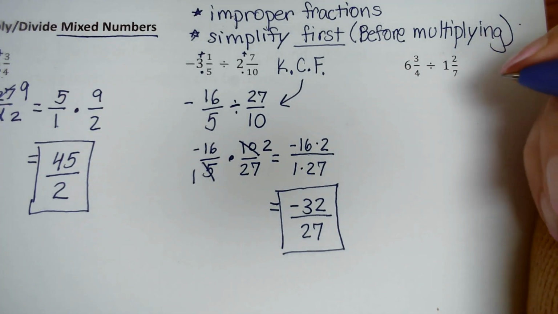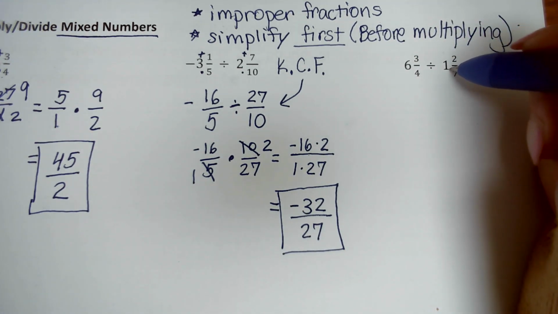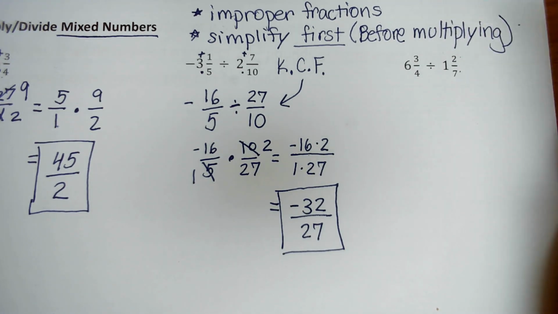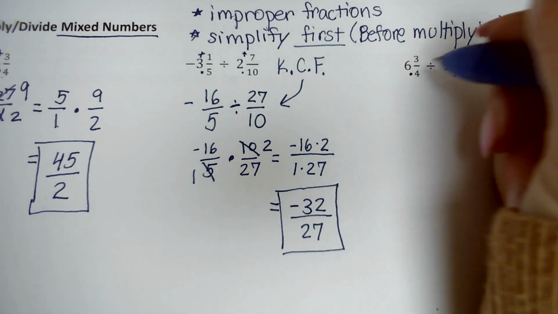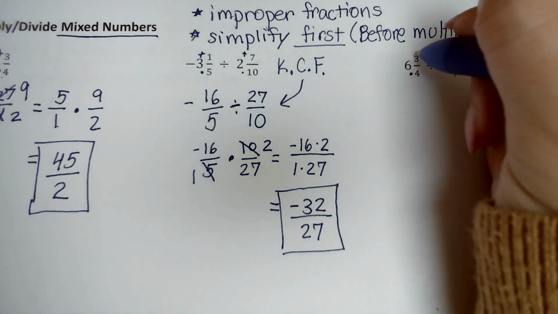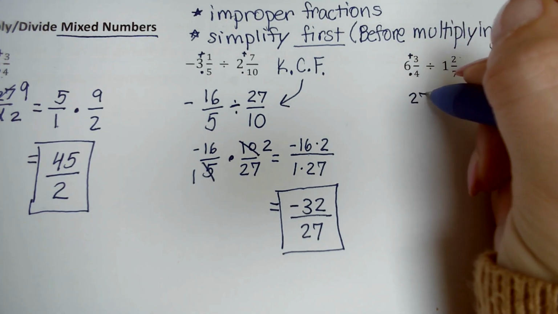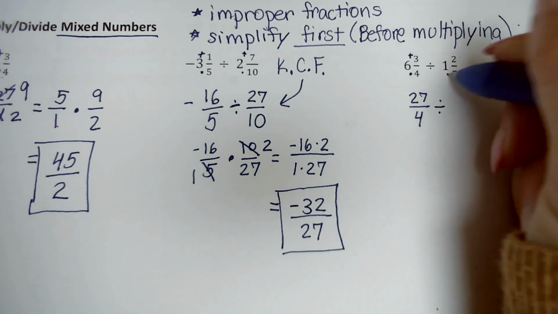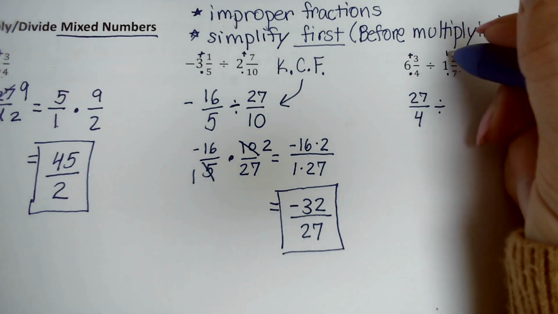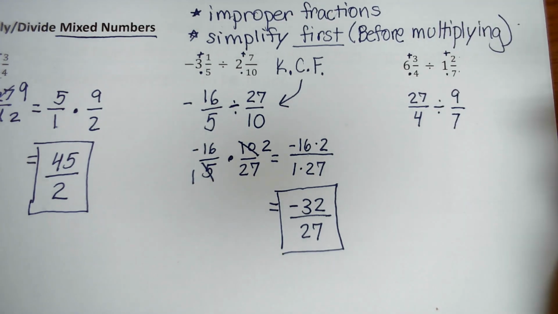And our last one in this section, we have 6 3/4 divided by 1 2/7. So step number 1, make it improper. 4 times 6 is 24, plus 3 is 27 over 4, divided by 7 times 1 is 7, plus 2 is 9 over 7.